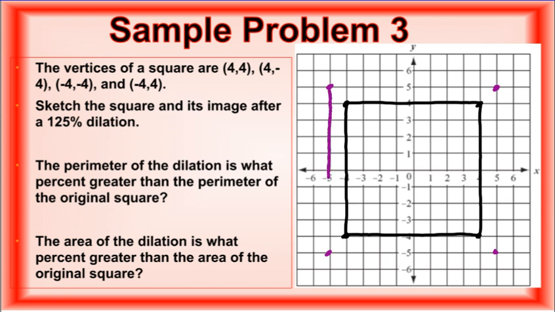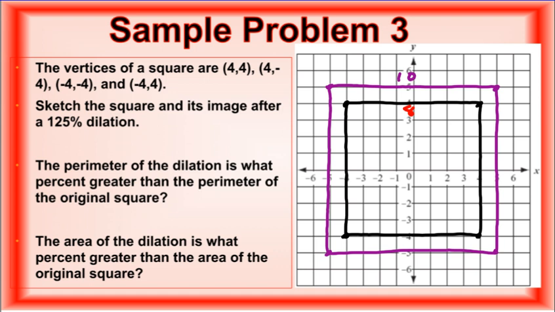And so this would be the dilated square. Now it says the perimeter of the dilation is what percent greater than the perimeter of the original. Well, the purple one, this is 10, and the black one, this would be 8.